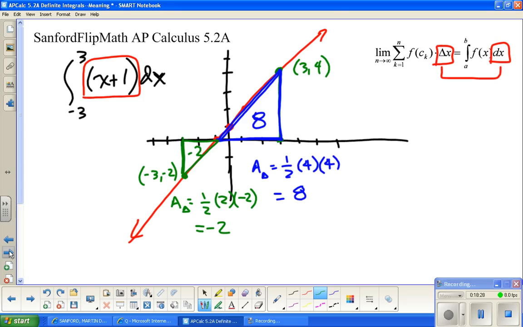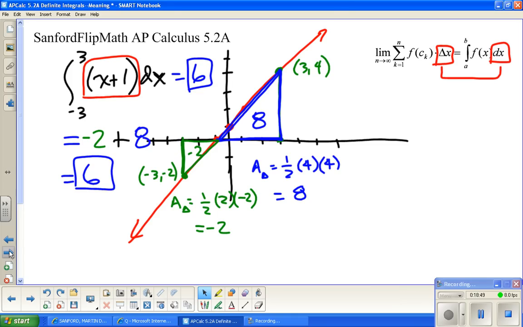So when I do this integral, it's actually going to be -2 plus 8. Sorry, lots of clunking because I'm trying to color coordinate a little bit here. So the value for that integral is 6. Excuse me. Now let me do a little contrast then.